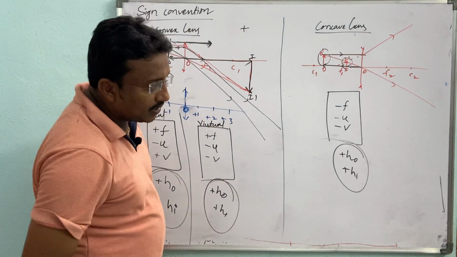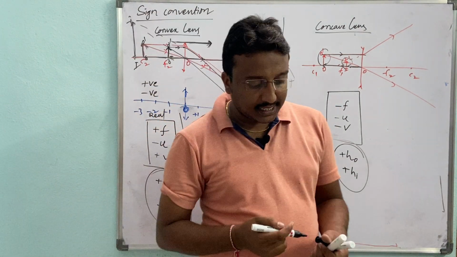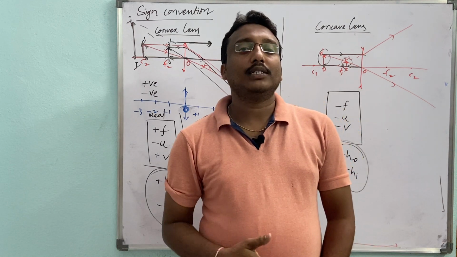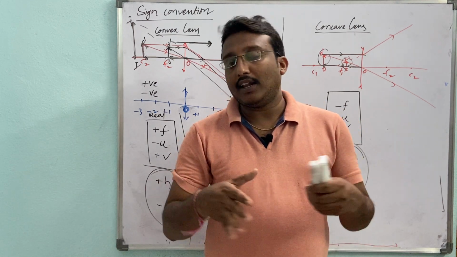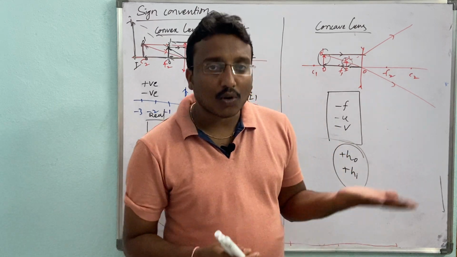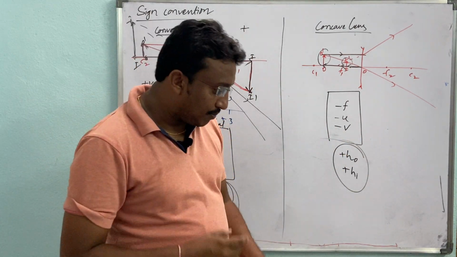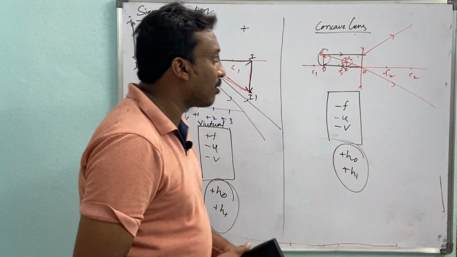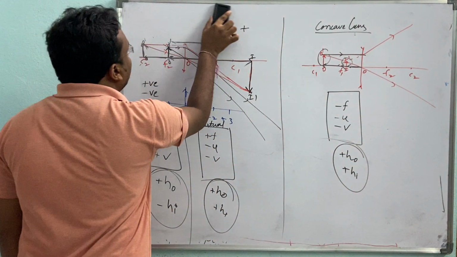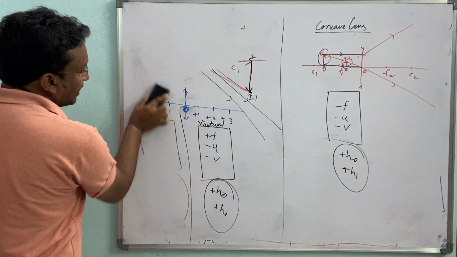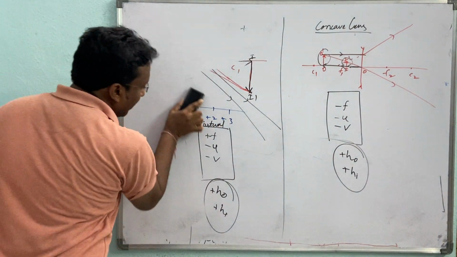These are the sign convention rules. By using these sign convention rules, we have to use the principle to find the values, object distance or image distance. Got it? Right? Now I will explain one example problem by using this. This concept is also very, very important. Why?